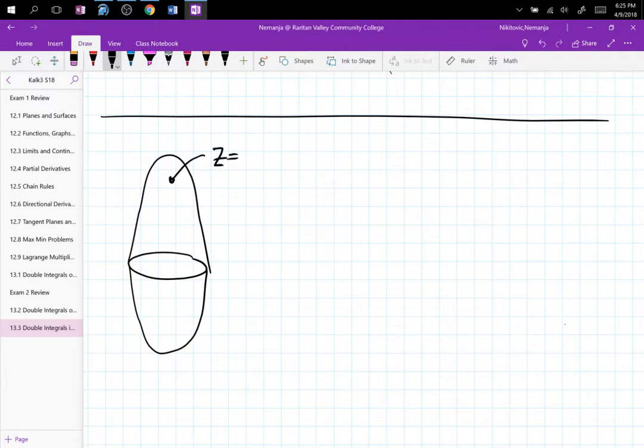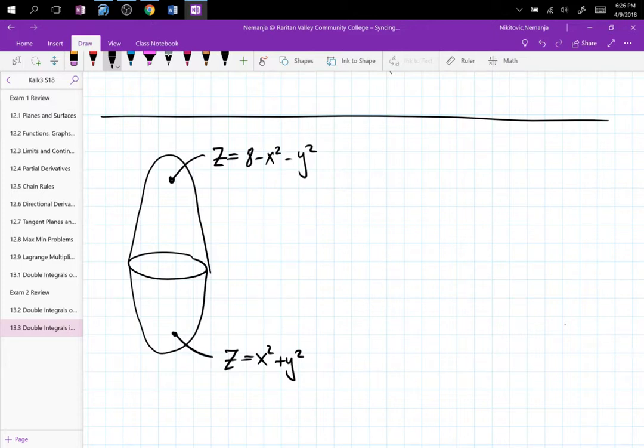Z equals 8 minus x squared minus y squared. And the bottom one is z equals x squared plus y squared. And that's that.